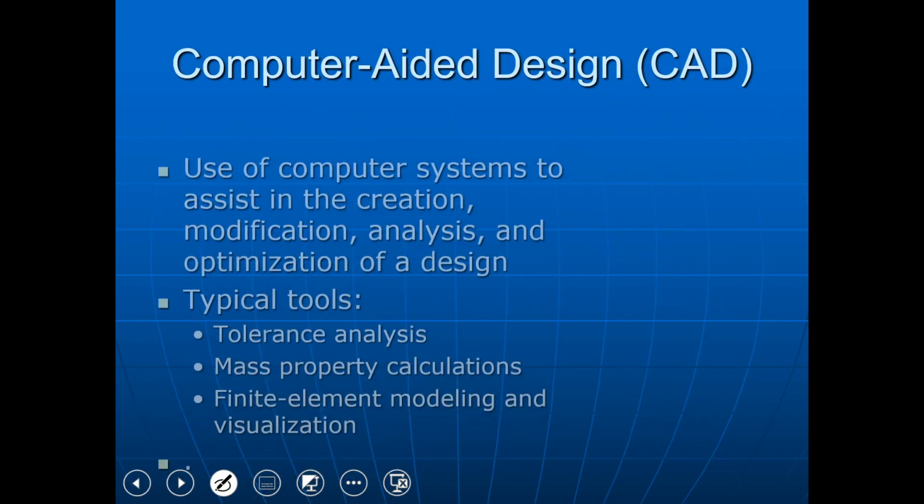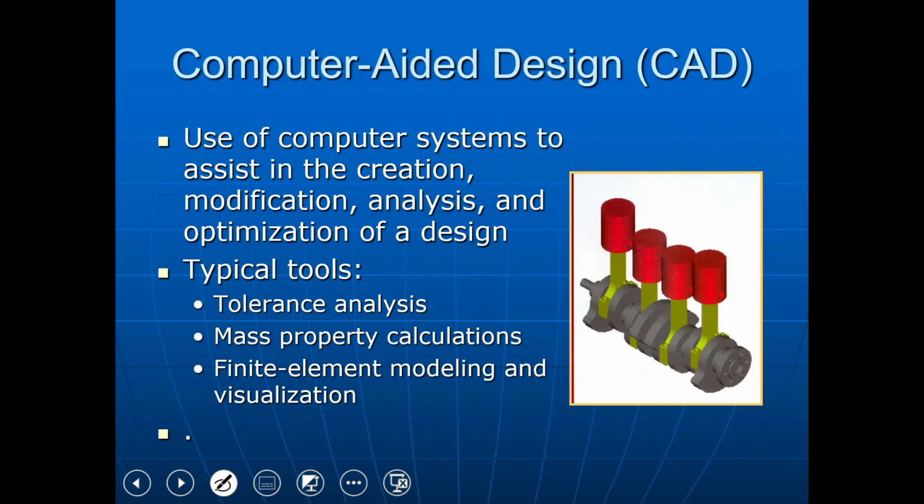And then, the use of a computer system to assist in the creation, modification, analysis, and optimization of a design. So when we design, we use software, for example SolidWorks, to create the design.